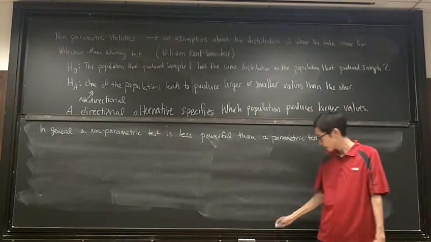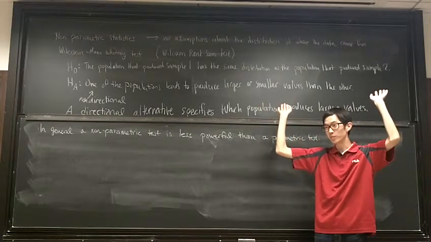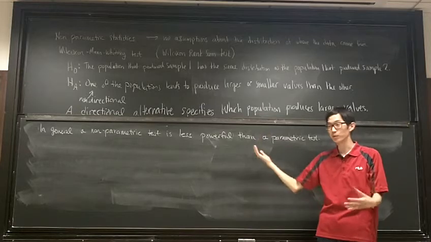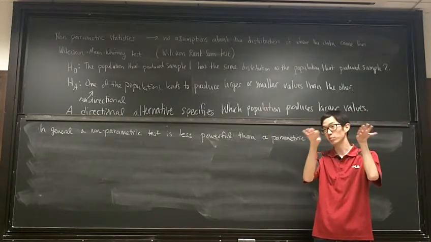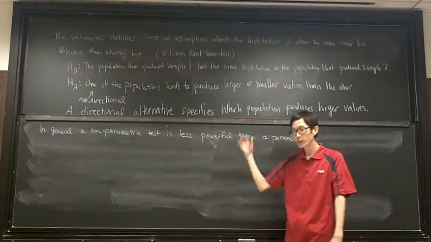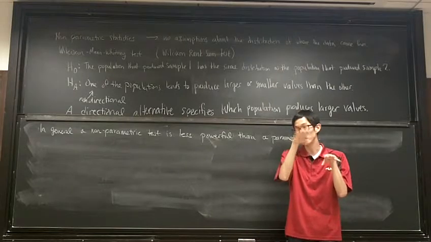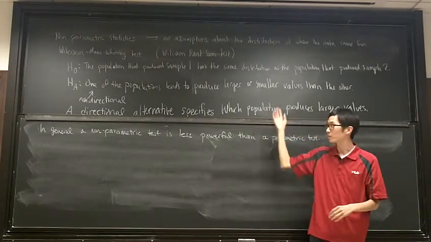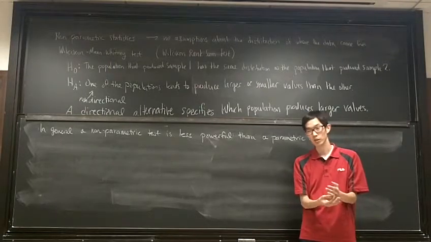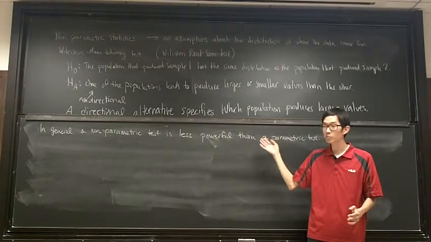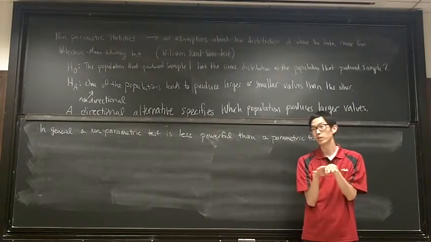What this means is that the null hypothesis says basically that the two populations have the same distribution, or if it was a parametric test, so if we were doing a t-test, we're saying that the two populations have the same mean. If that notion were false, if the two populations actually had different means, or did not have the same distribution, the non-parametric test is less likely to detect that difference than a parametric test.